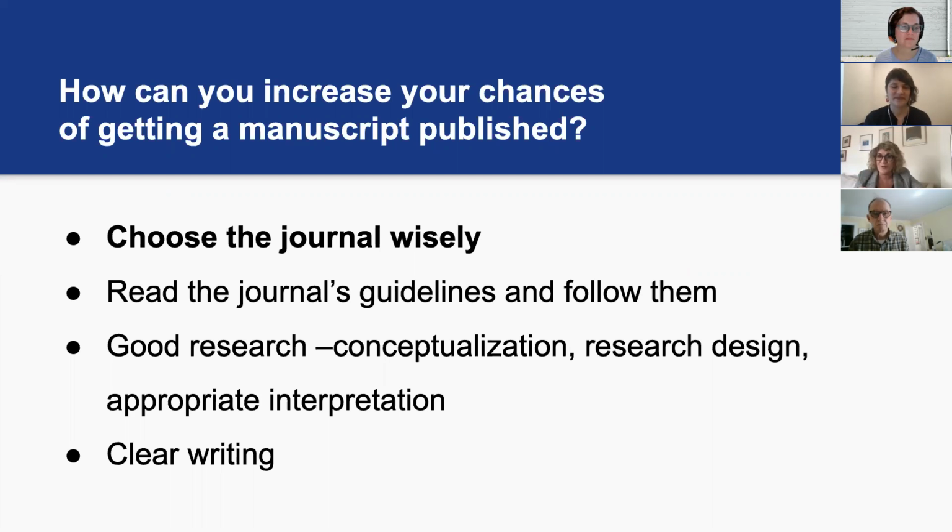The same things your mentors are telling you about how you start research are how you end up for publication. You can't change your data. They are what they are. So work with your advisors over and over about good research, conceptualizing it, the design, the interpretation. This is a genre to learn how to write scientific or academic articles.